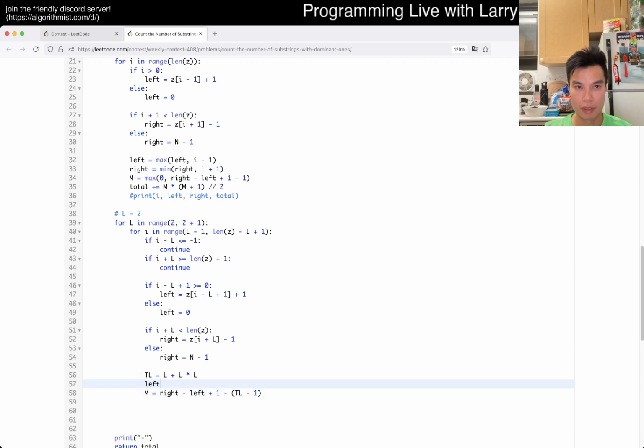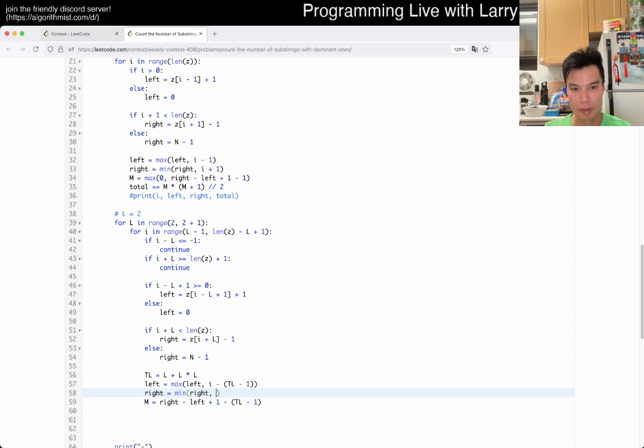Yeah, and then left is equal to max of left and I minus total length minus 1. And then now, that math should be easier.